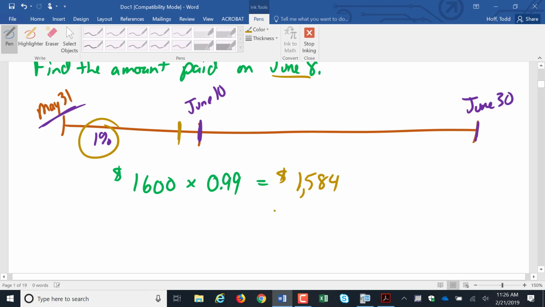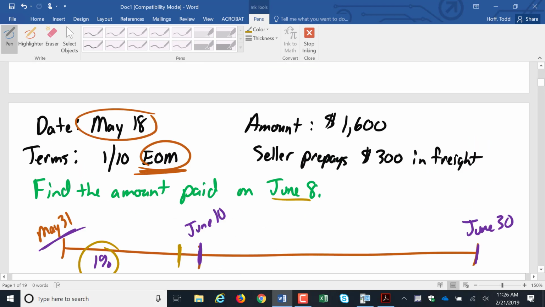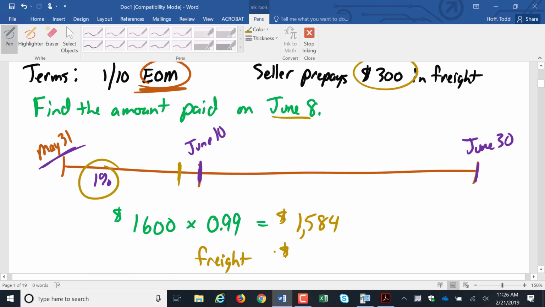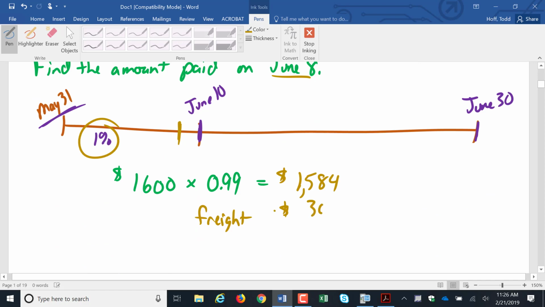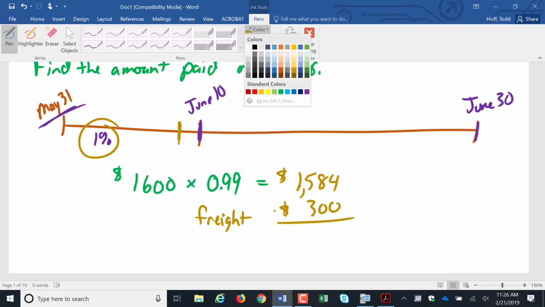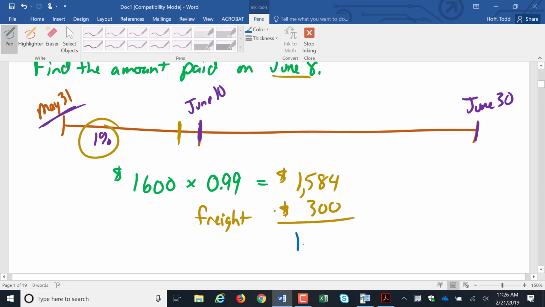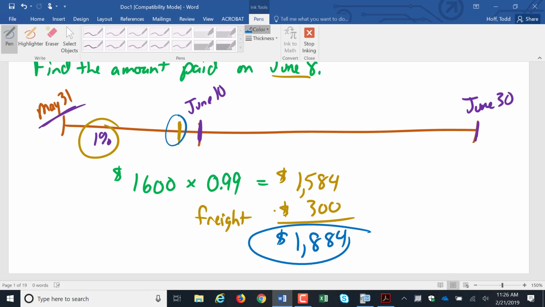And of course, we have to add in that freight charge of $300 from up here. So the amount that would be paid is $1,884 if paid on that June 8th deadline.